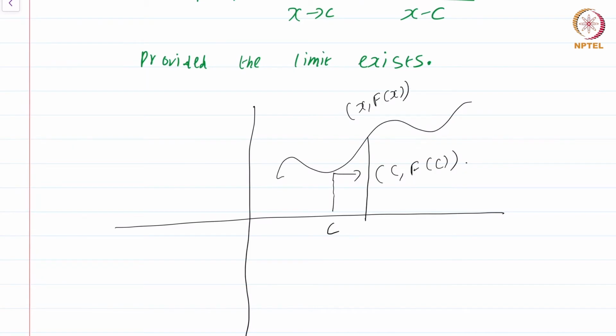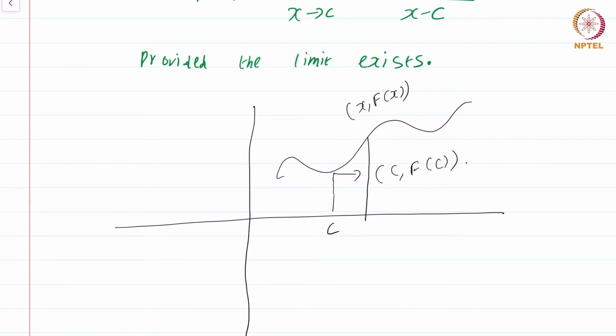Okay. Now observe that this f of x minus f of c by x minus c is nothing but the slope of this line that passes through x, f of x and c, f of c. That's just this line. Okay, this doesn't look like a line at all.